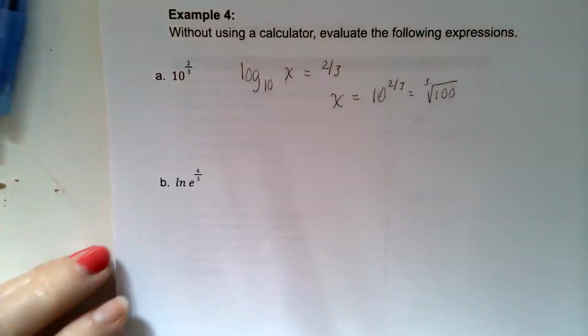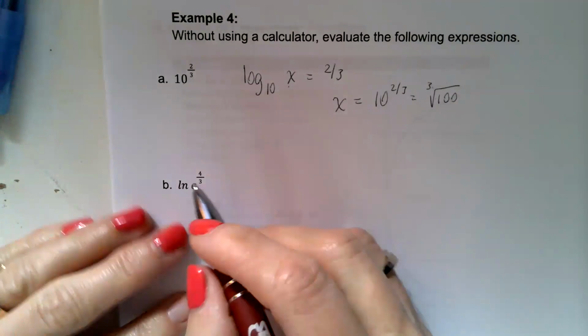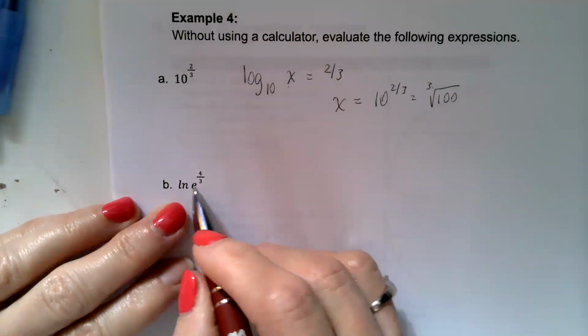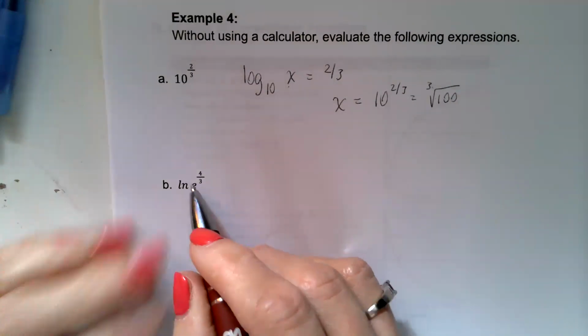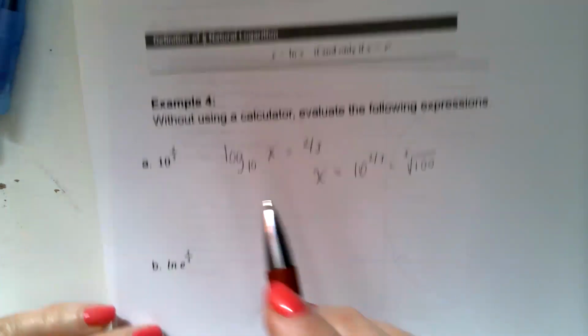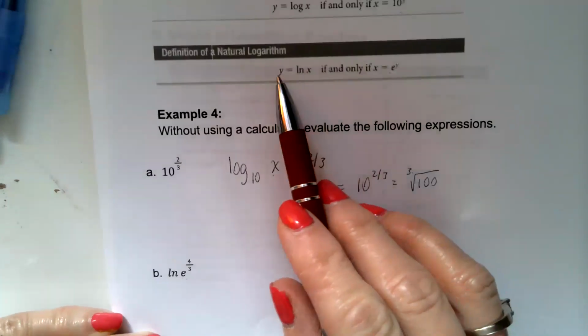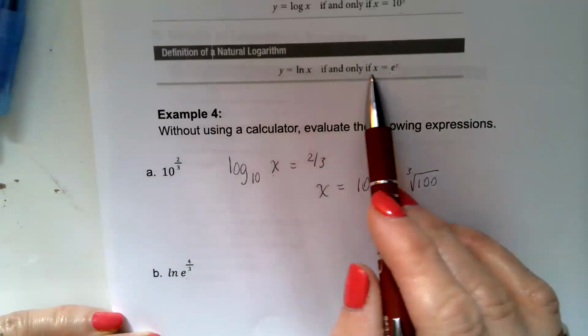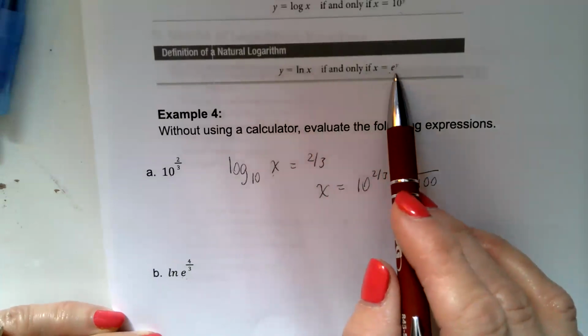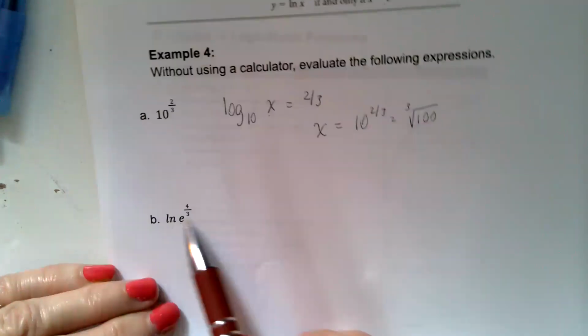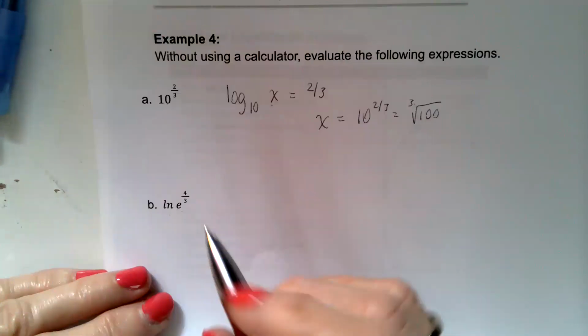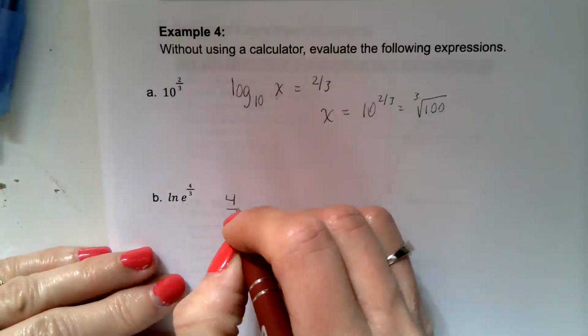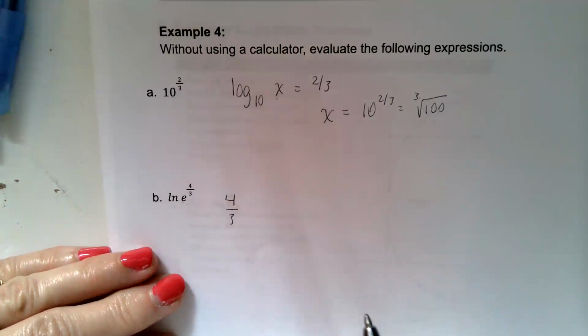Let's look at natural log of e to the 4/3. Natural log of e, they actually cancel each other out because y equals the natural log of x is the inverse function of e to the y. So it's like multiplying and dividing cancel each other out. So that is just 4/3.